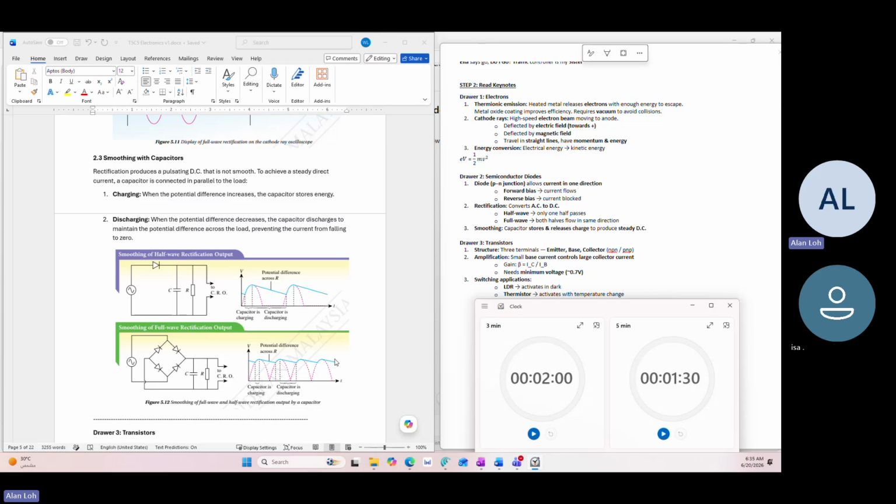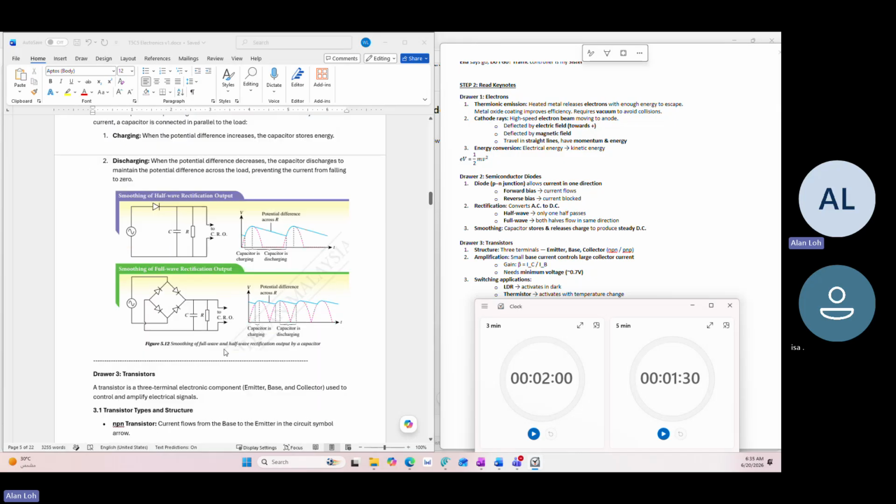And DC is used, for example, to charge your phone. To charge your phone, you need DC. You cannot have AC, because AC will destroy your phone. It keeps changing your positive and negative, positive and negative, then the battery of the phone will be destroyed. Same goes for other electronic appliances. That's why we are trying to make it as smooth as possible. Okay, so that is the reason.